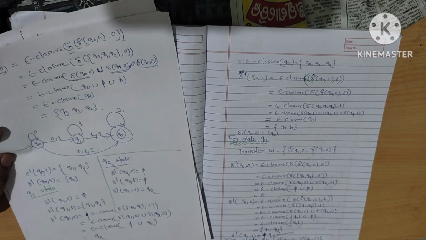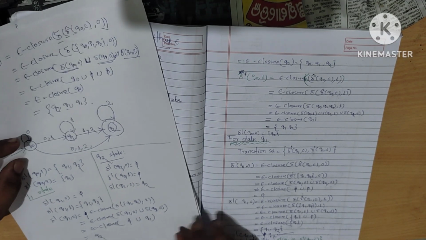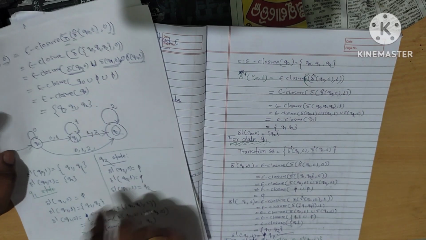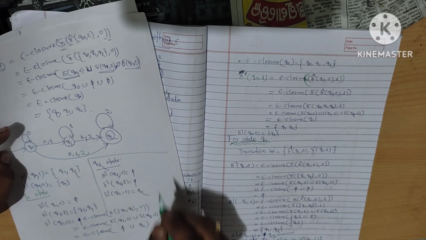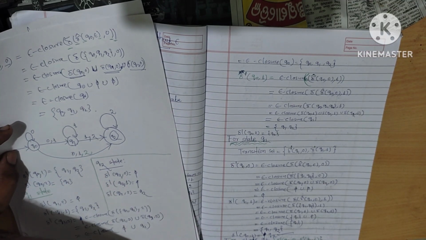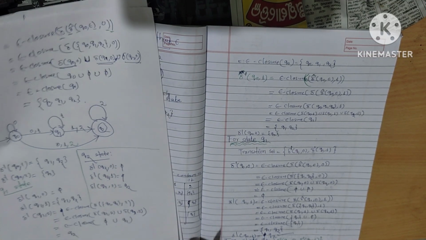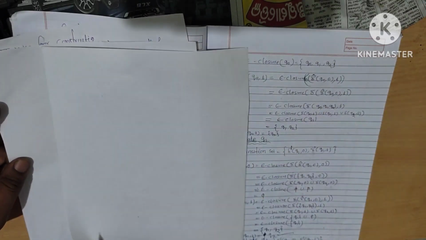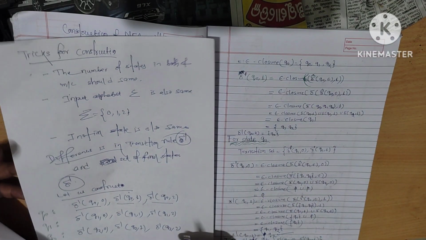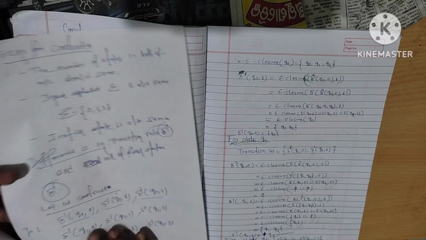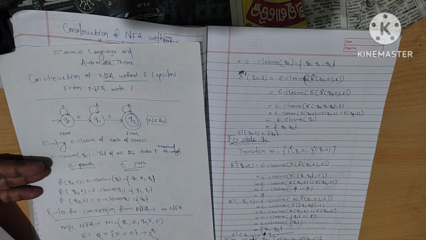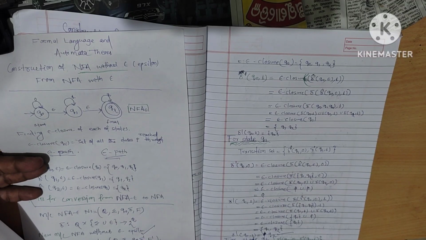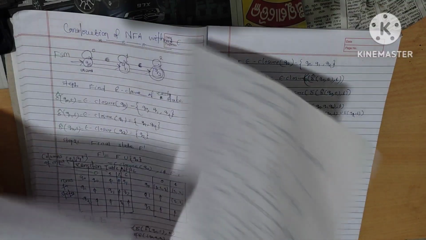So now we have seen that the complete construction of the transition part is over for all the states. Now if you see this diagram which you have done for this machine, we have completed del dash. Now let us go for the f dash.